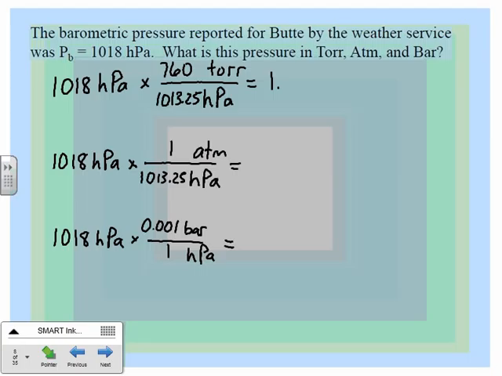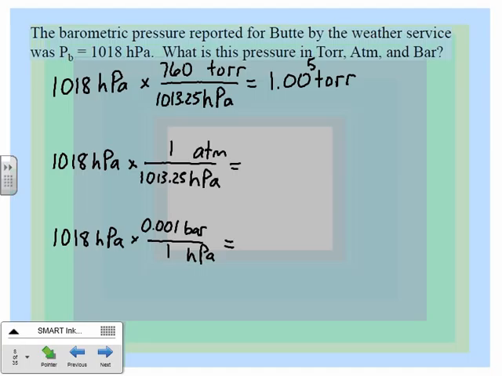So it should be right at 1. One torr. How many sig figs here? Actually, I guess I should go 1.005 to get my 4 sig figs in. The next one, 1018 divided by 1013.25. Wait a second. Didn't do that right on this one, sorry. 1018 times 760.